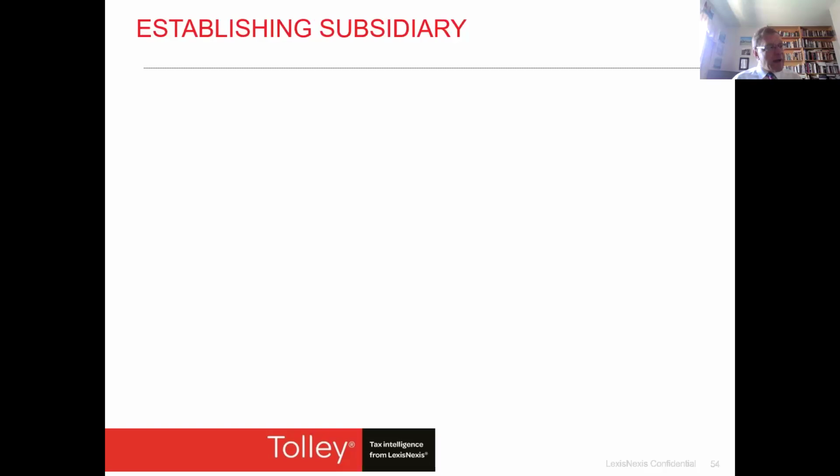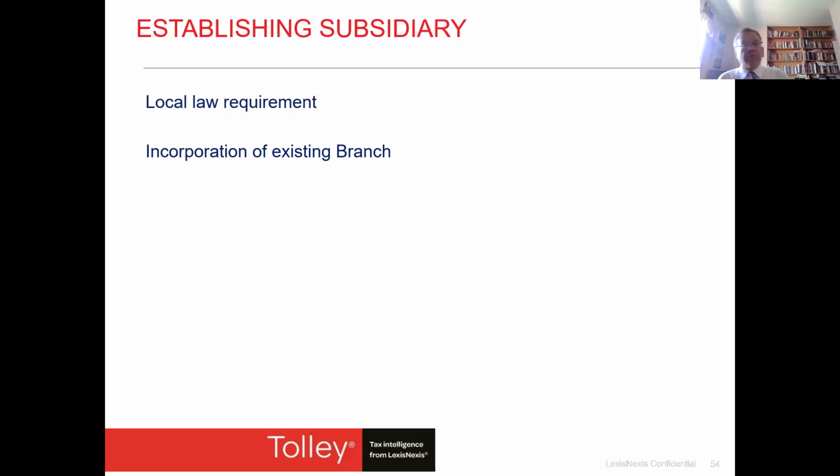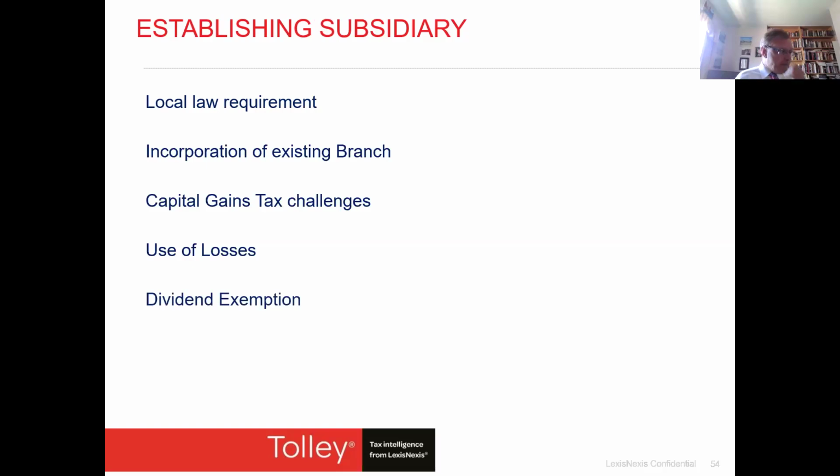In terms of establishing a subsidiary, you're going to look at a local law requirement, the incorporation of an existing branch, capital gains tax challenges, the use of losses, and the dividend exemption on that basis.